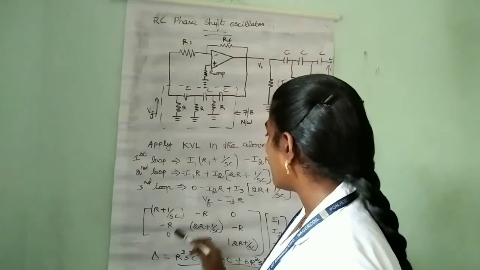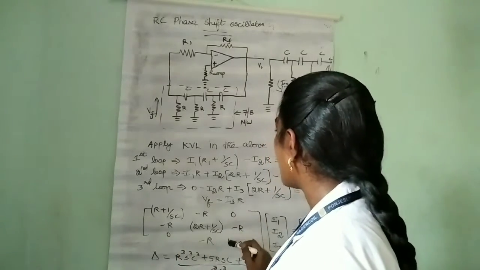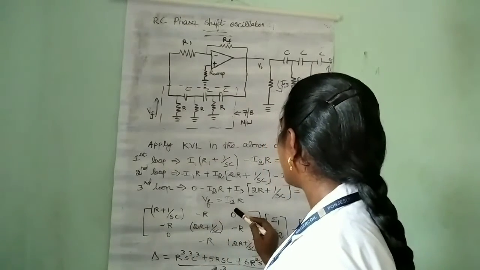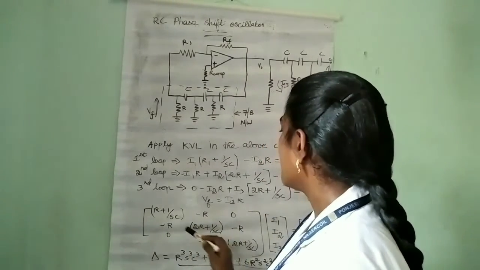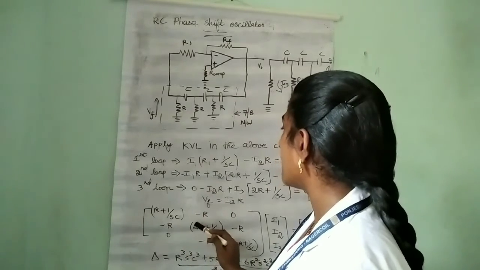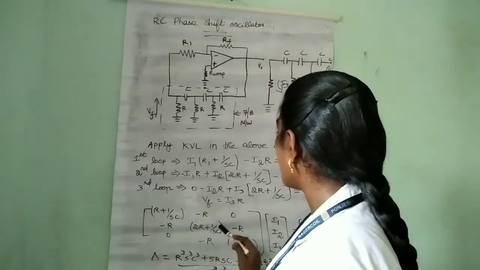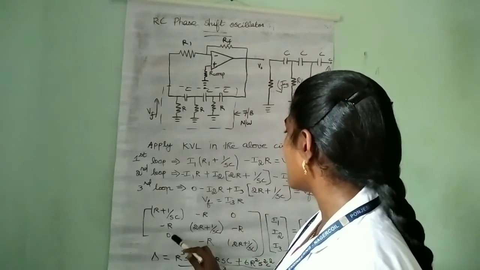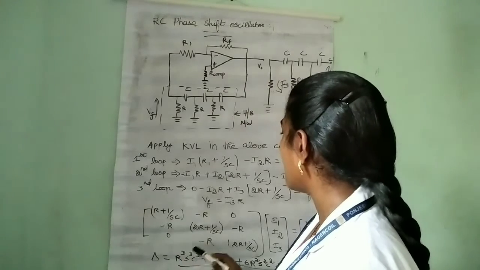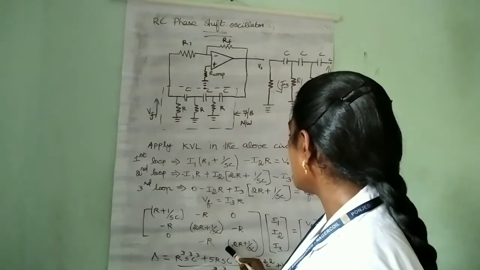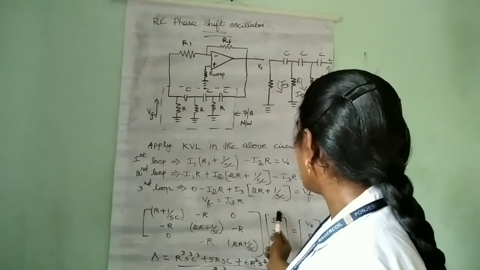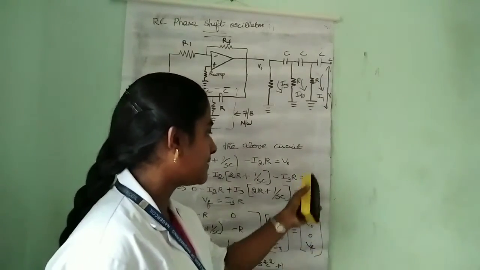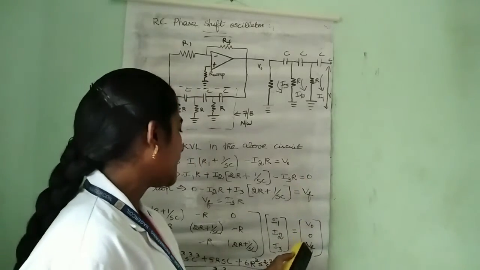So the first row is R plus 1 by SC, minus R, and 0 since the I3 value is absent. The second row is minus R, 2R plus 1 by SC, minus R. The third row is 0, minus R, 2R plus 1 by SC. The right hand side has the values V0, 0, VF.